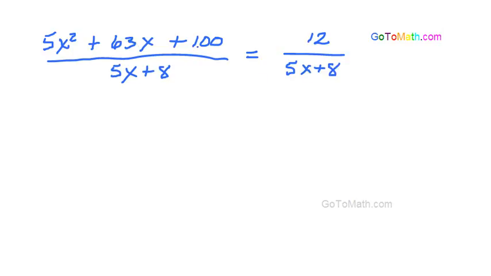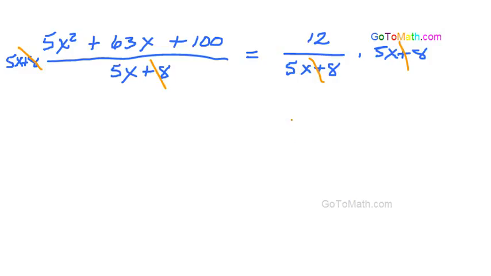Okay, so we want to solve for x, and that means we need to get rid of this stuff down here in the denominator. We can simply do that by multiplying both sides by 5x plus 8. That gets these to cancel out.